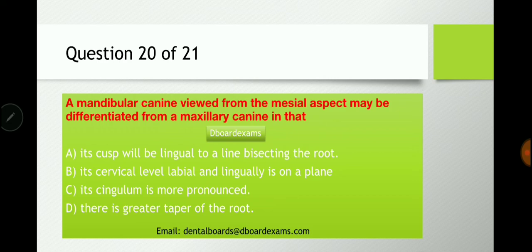When you bisect the tooth in half, they're not going to have equal parts. So the cusp is going to be more to the lingual side of the tooth. So the answer is going to be A.